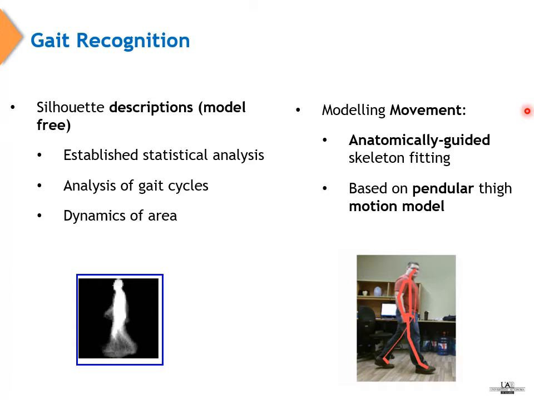So methods for gait recognition, gait biometrics, follow basically two lines of work. First is describing the silhouette of the person as the person walks.